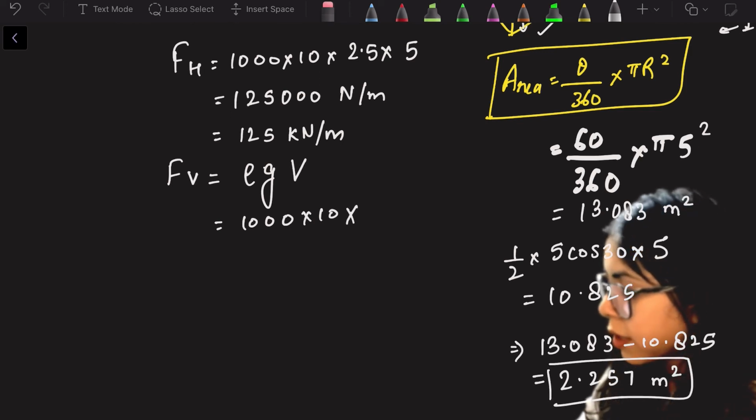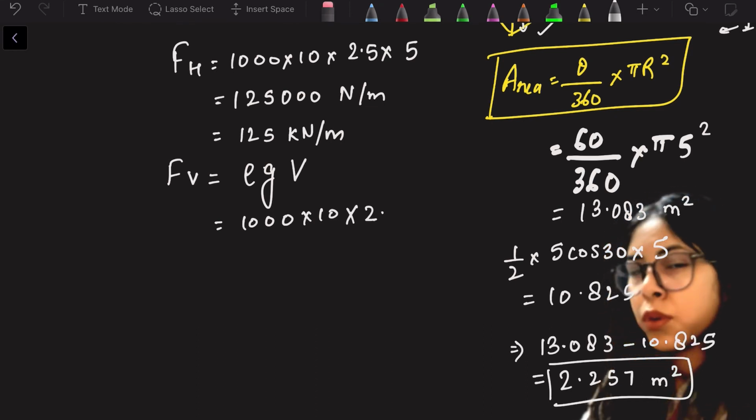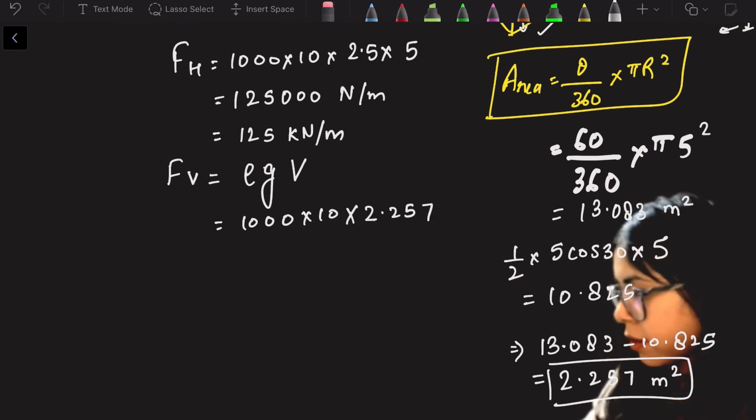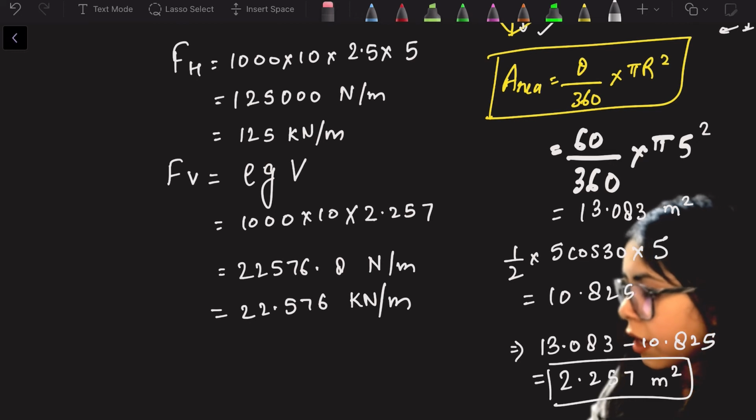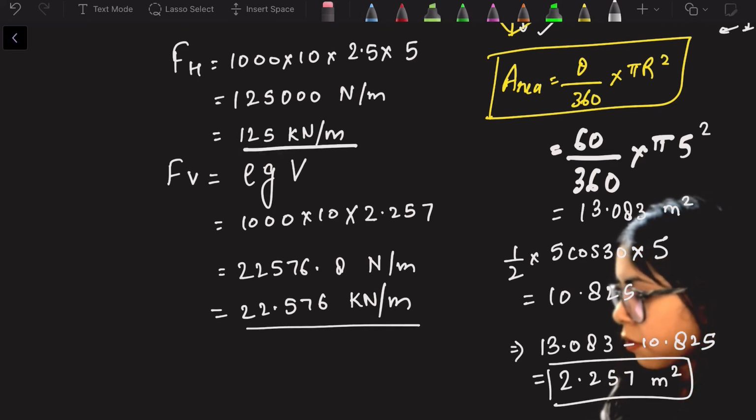I will put that here, 2.257. So this total is nothing but 22,576.8 Newton per meter. So this is 22.576 kilonewton per meter. Now I have the horizontal force, I have the vertical force.